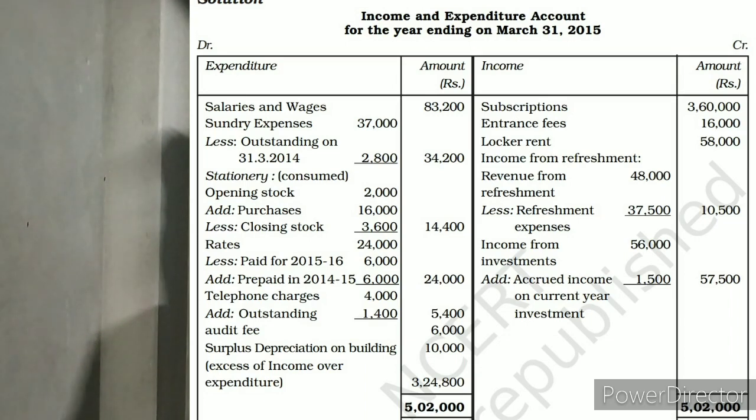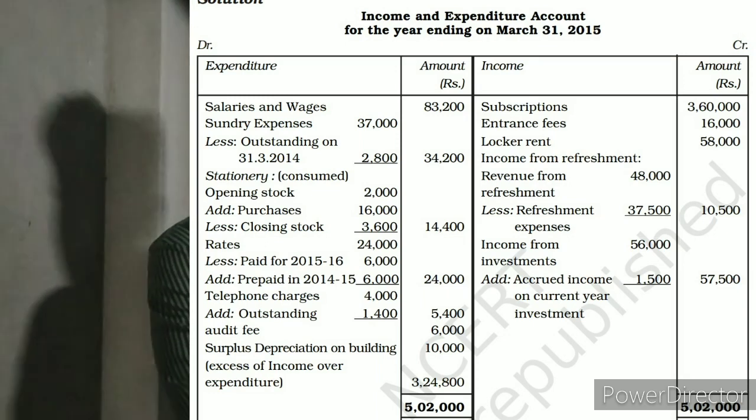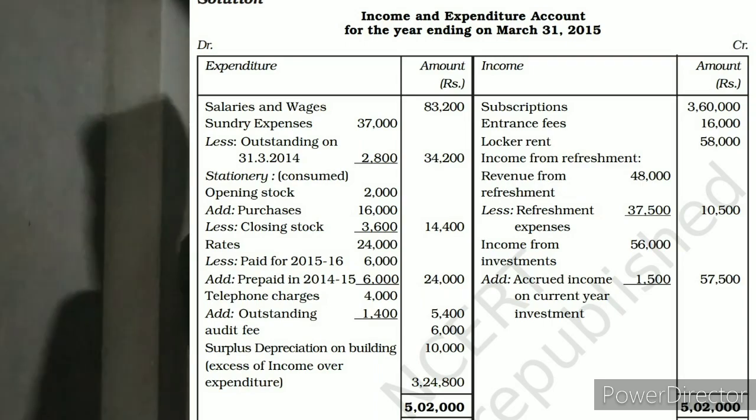So just see the rates. You can see that 24,000 rates were there, 6,000 for the last year and 6,000 for the current year. Current year prepaid has been deducted and last year prepaid has been added. Okay. Then how do we have to prepare the balance sheet of the current year and last year?